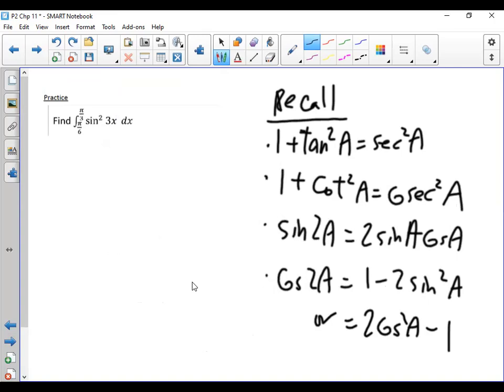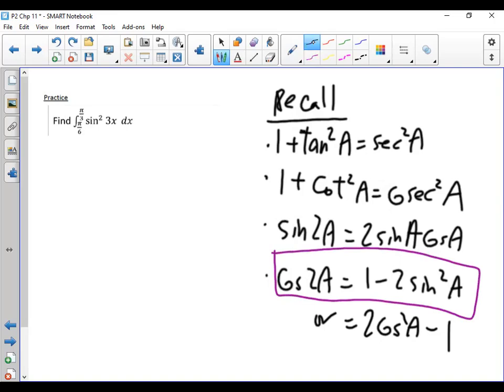Now, if you're struggling with how to start the question, have a look at sine squared. I need to definitely use this sine squared, which is here. I'm going to use this, 1 minus 2 sine squared a.